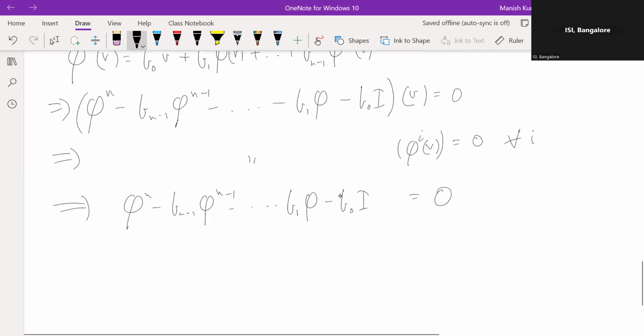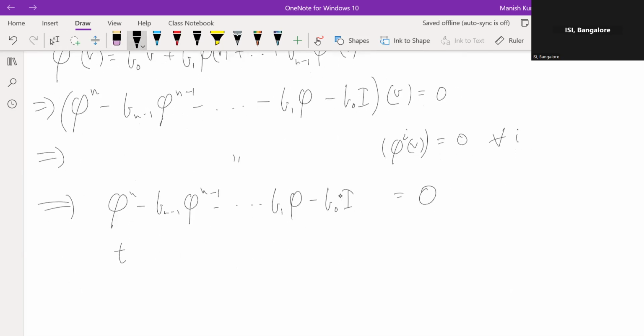So that tells you that if you consider the polynomial, let's say f(t), to be t to the n minus b n minus 1 t to the n minus 1 minus, and so on, minus b1 t minus b0, then phi satisfies this.